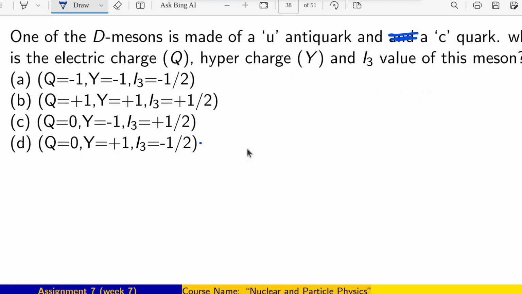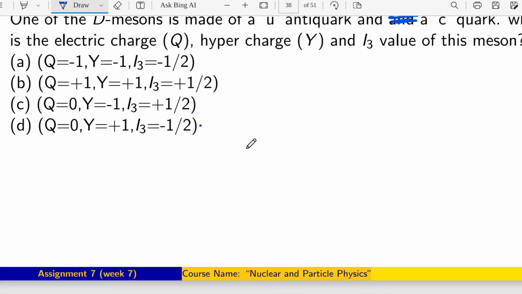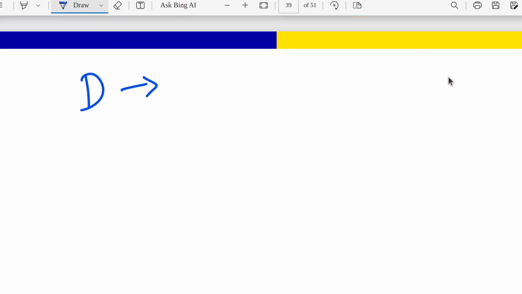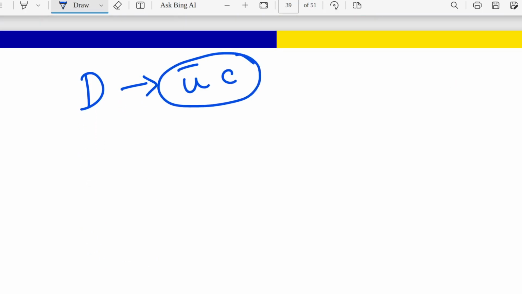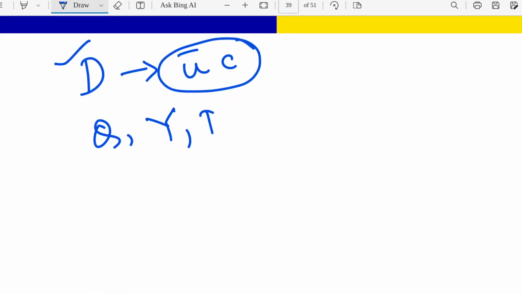So what is the question? We are given that the quark content of D is U bar and C, right? This is the quark content of the D meson. So what are they asking? They are asking about the Q value, Y value, and I3 value.